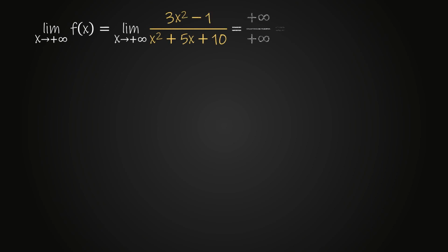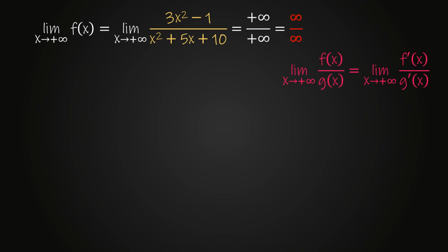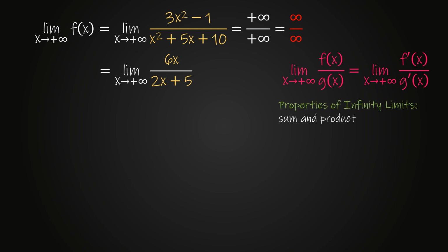Because the initial evaluation of the limit leads to infinity over infinity, another solution to this problem is to use L'Hopital's rule. Rewrite the rational function by differentiating the numerator and the denominator. Use properties of infinite limits and a limit at infinity expression, which leads again to infinity over infinity.